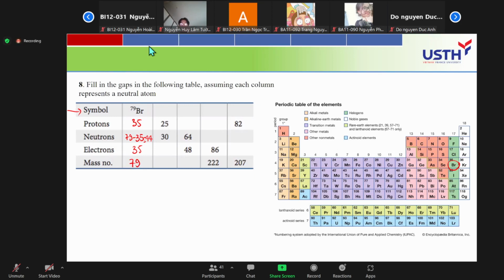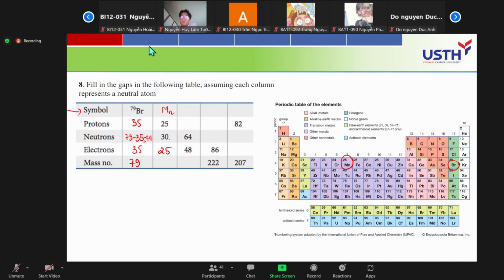So let's do the same for the other. For the second one, you have a proton number of 25, so the number of electrons will be 25 too. The number of protons and electrons is the atomic number. So let's find the element at position 25, and you will get the symbol here, manganese.